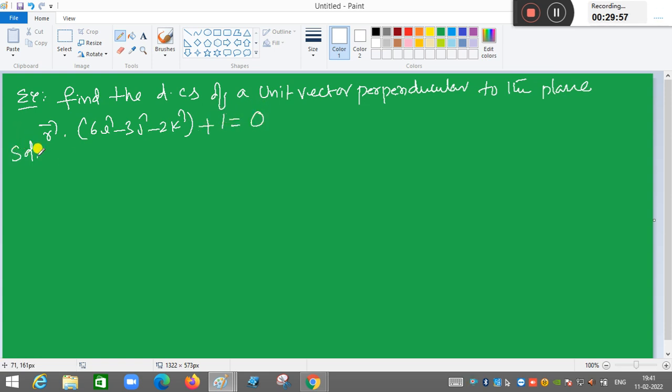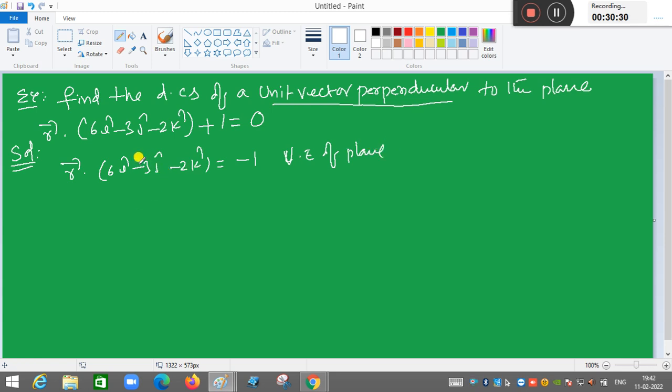Find the direction cosines of the unit vector perpendicular, which is the unit normal vector. This is the plane equation: r bar dot (6i minus 3j minus 2k) equal to minus 1. This is the vector equation of a plane.